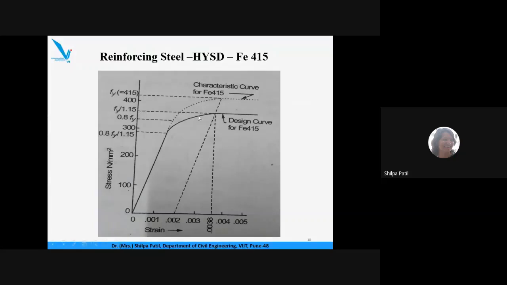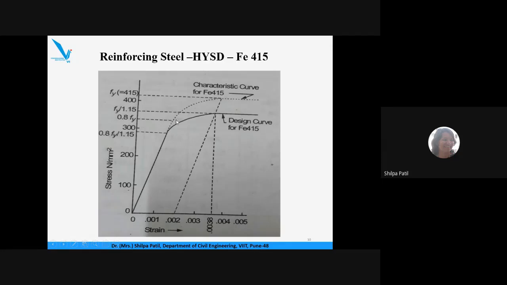Okay. Now below this 0.87, up to this particular point, which is 0.8 Fy divided by 1.15, this part is a non-linear part. Up to this point of 0.8 Fy divided by 1.15, the curve is assumed to be linear in case of HYSD bar also, and beyond this, there is a non-linear curve.